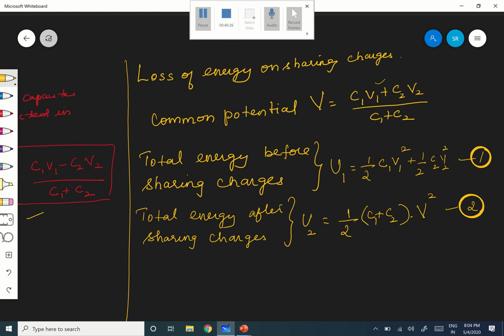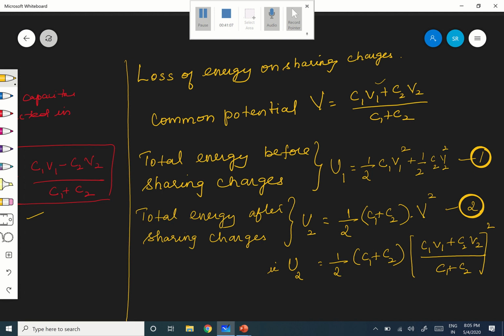U2 is written as capital U; small u is meant for energy density. Therefore U2 equals half into C1 plus C2 into V squared, and V is C1 V1 plus C2 V2 divided by C1 plus C2, the whole squared.